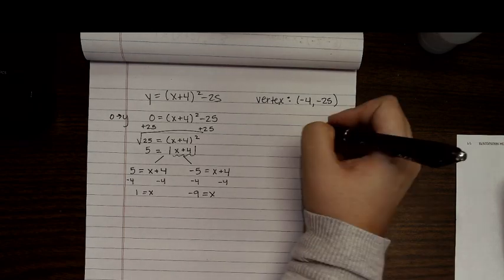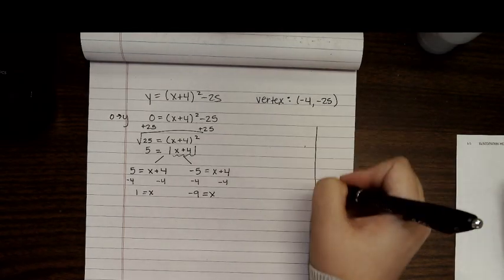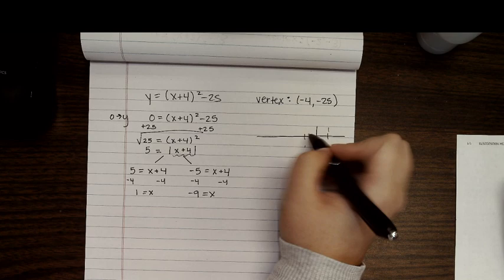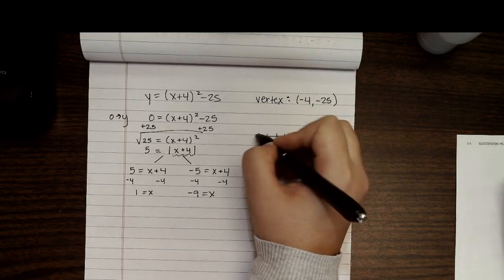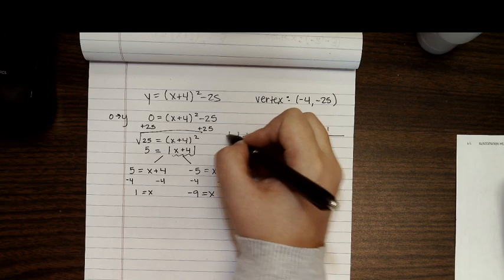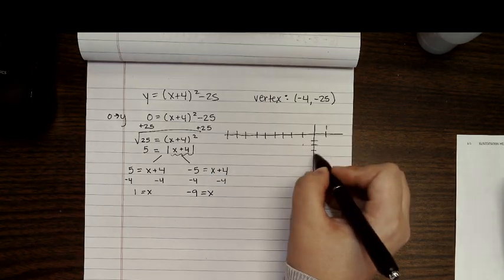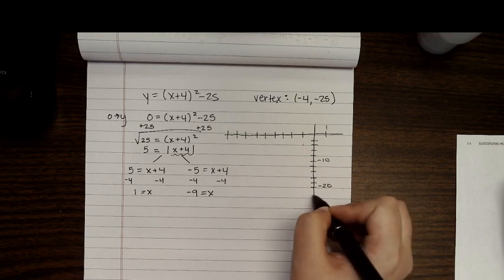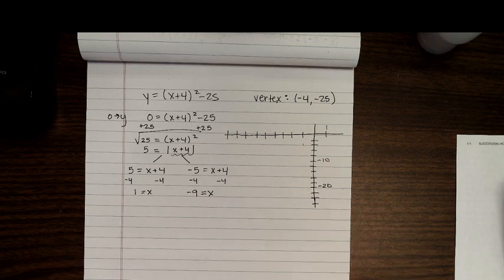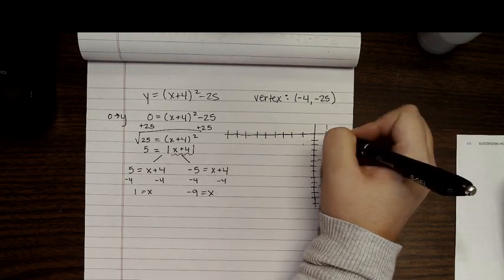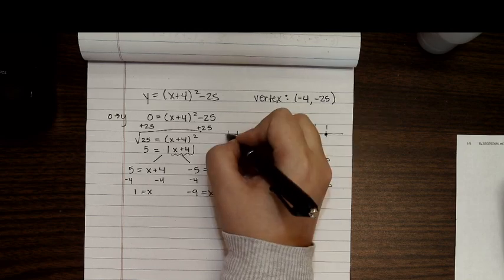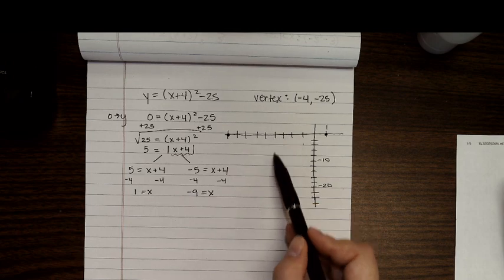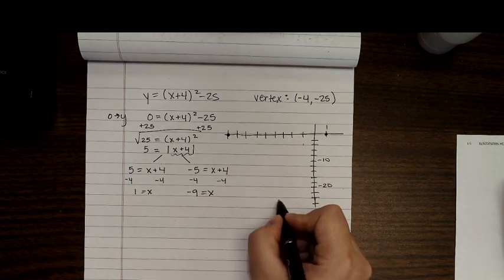So now we can make a sketch of these. So we have an x-intercept of 1, an x-intercept of -9, and then the vertex (-4, -25).